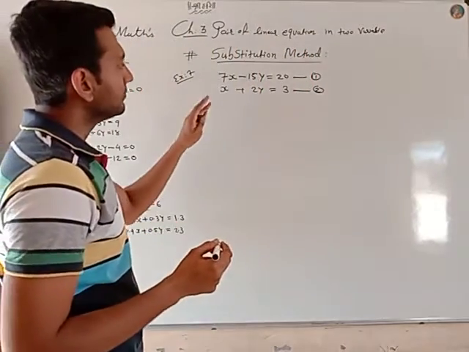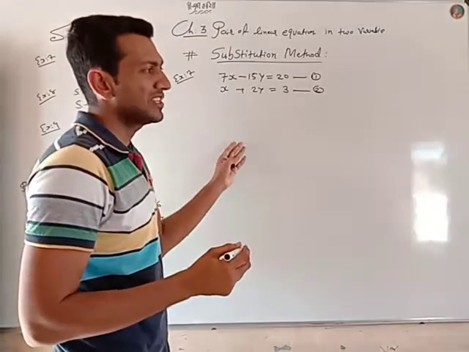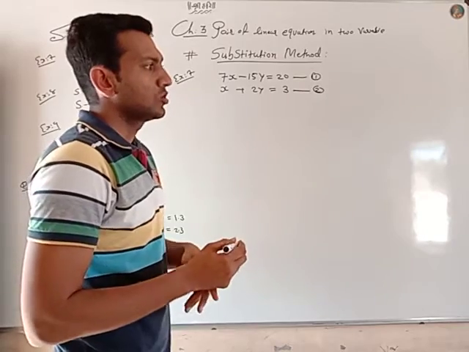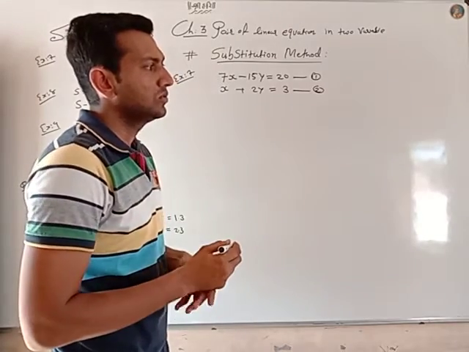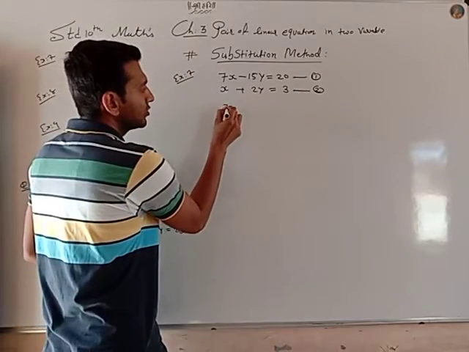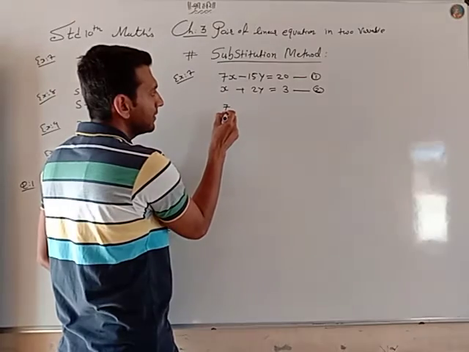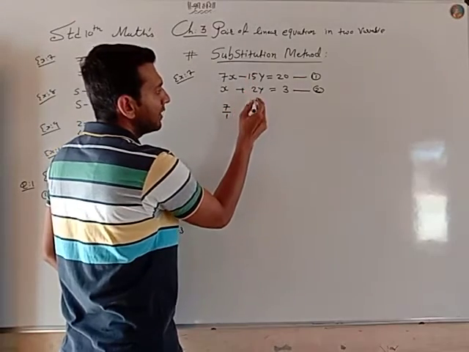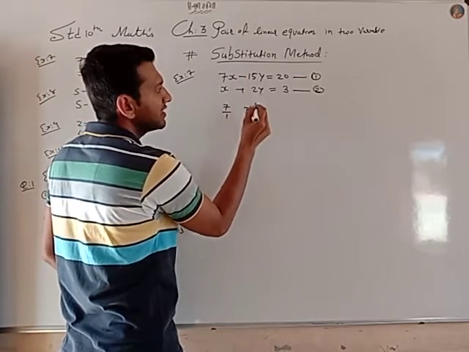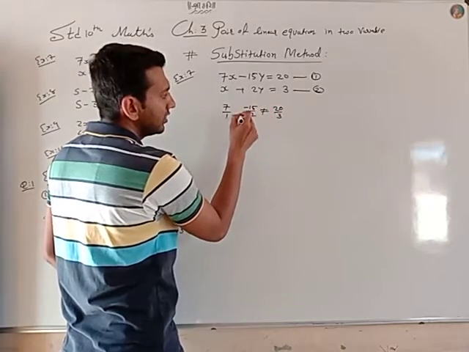So first check which type of solutions are possible here. I already taught you, first find the ratio of coefficients. So the ratio of coefficients is 7 by 1, minus 15 by 2 and 20 by 3.